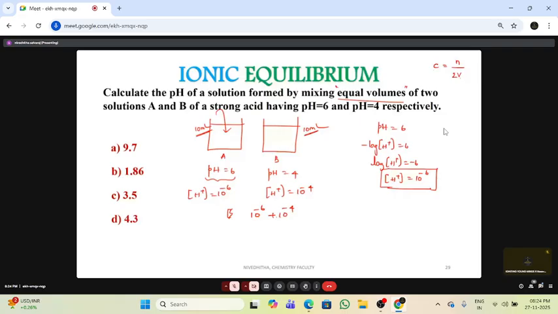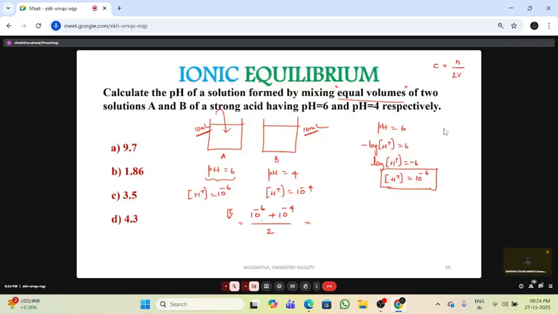So 10 power minus 6 plus 10 power minus 4 will not be your concentration. Definitely you have to divide this by 2, because whenever the volume increases by 2 times, the concentration will decrease by 2 times. That is why I'm dividing it by 2. In a different problem, if they are talking about mixing 3 solutions of equal volume, then you have to divide it by 3. Okay, fine.